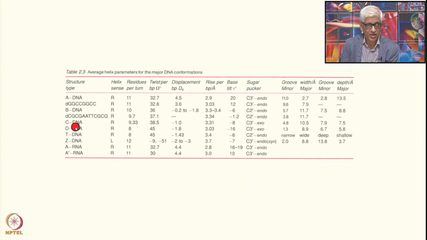These are only minor variations with respect to the major ones. The ones which are by and large available in the natural sequences are the B DNA and the A DNA, and even there the RNAs are mostly in the A form and the DNA is in the B form, and this also depends on the extent of hydration, how much is the water content; depending upon that you get slightly different structures. Okay.